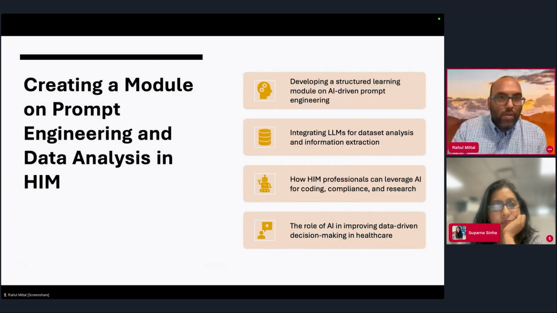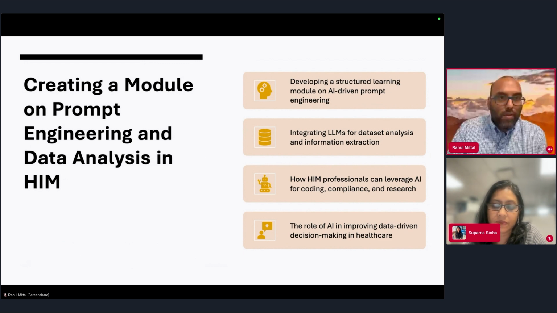And part of our next steps, which is what we're working on with Rick, who I think hasn't been able to make it today, is to now create modules on prompt engineering for the HIM students, looking at data and analysis, and further expanding the use of analyzing and information extraction.